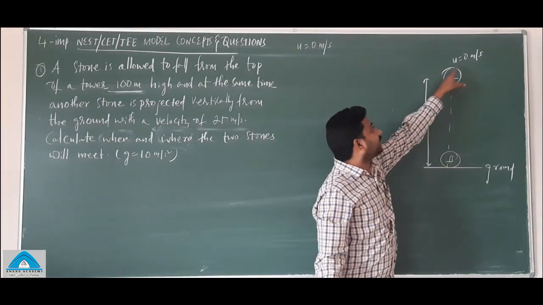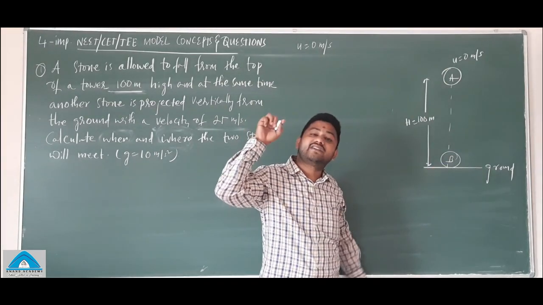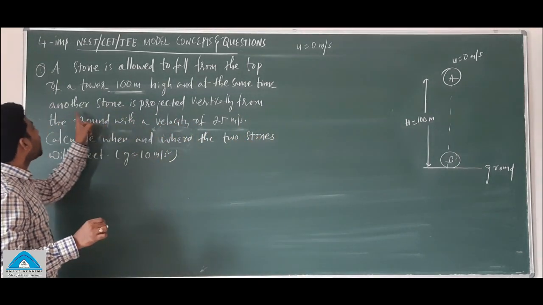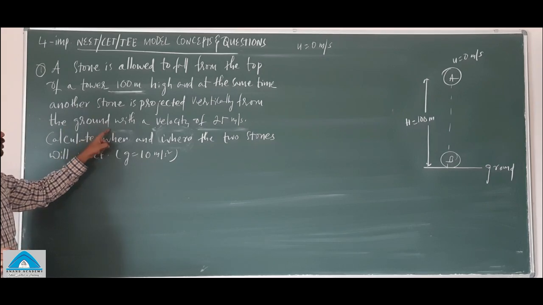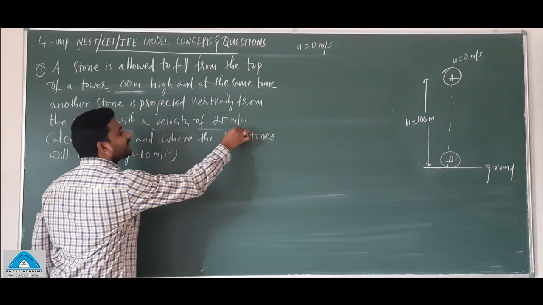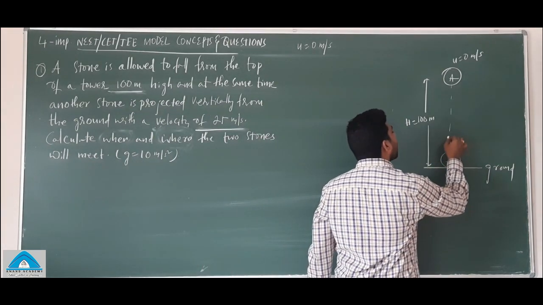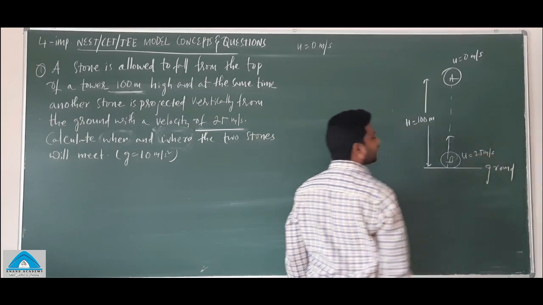See, for the dropped stone initial velocity is not required, but when it is thrown, initial velocity is a must, so they will definitely give it. Another stone is projected vertically up from the ground with a velocity of 25 meters per second.